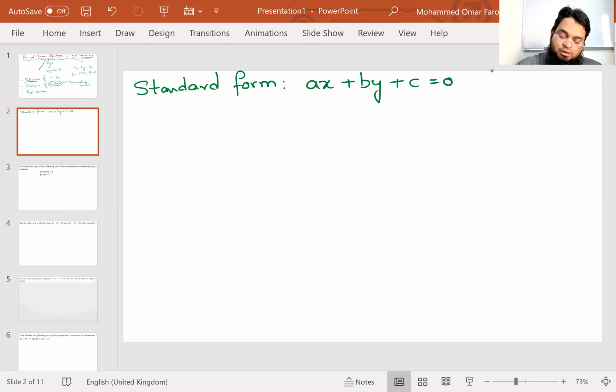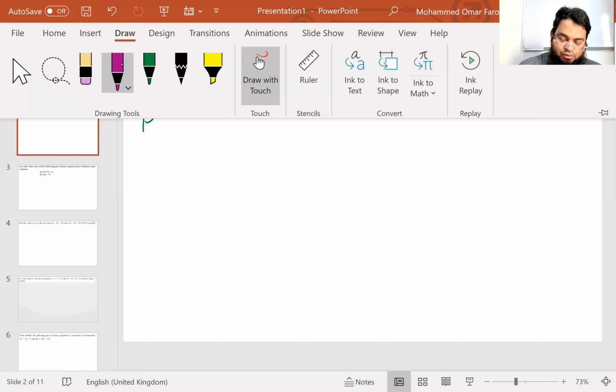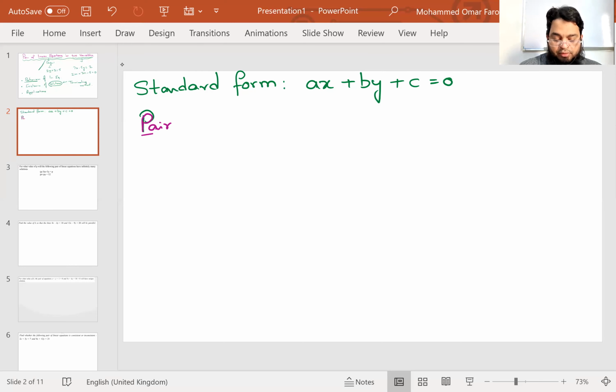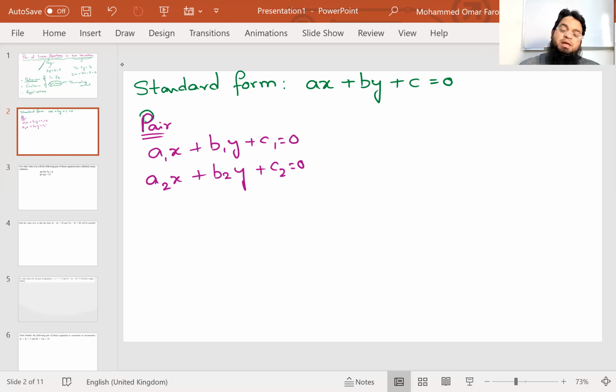So when we talk about a pair of linear equations, my dear students, the first equation will be a1x plus b1y plus c1 is equal to 0, and a2x plus b2y plus c2 equals 0 is the second linear equation. Now, when two equations have been given, how do they behave?